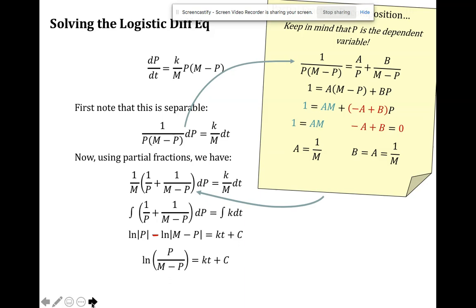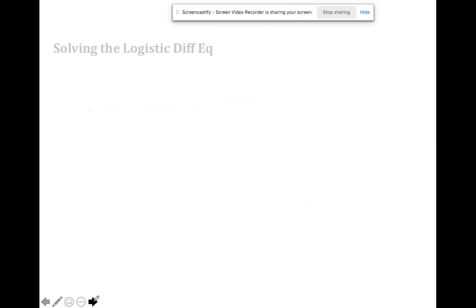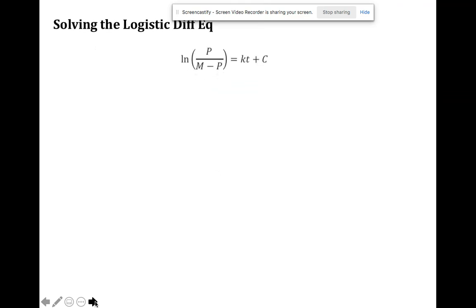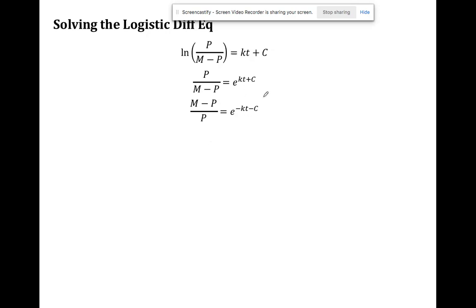I'm going to e to the both sides. Again, my job is to get P equals by itself. I reciprocated both sides. Note the use of exponent rules here. This is really 1 over e to the negative kt, plus c. So when I move this back up into the numerator, I just negated the exponents.